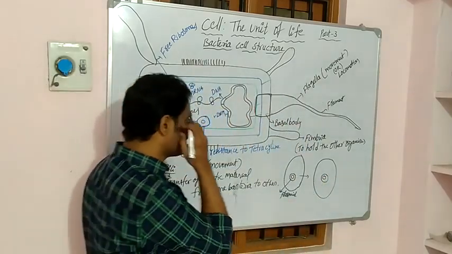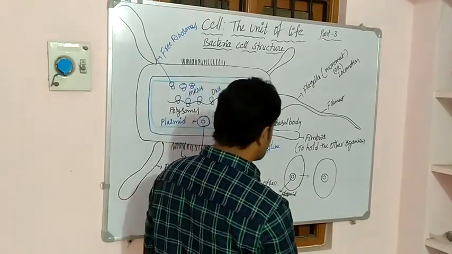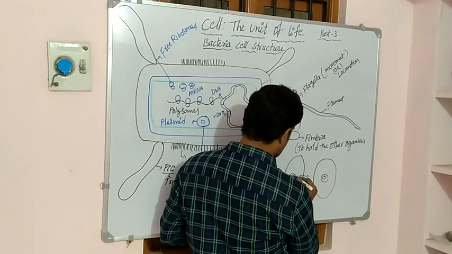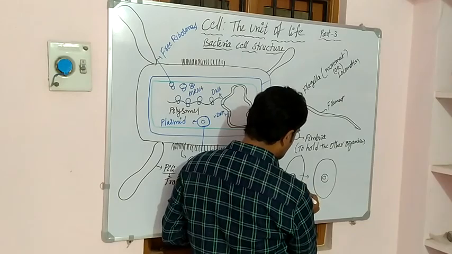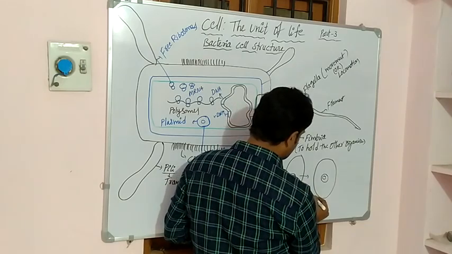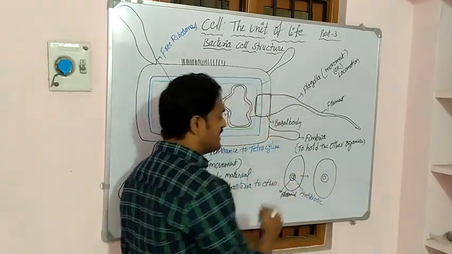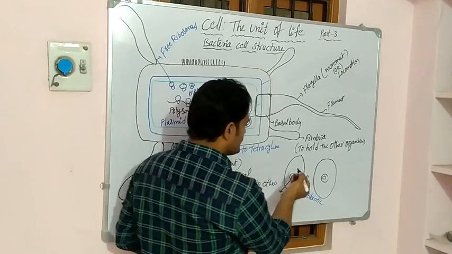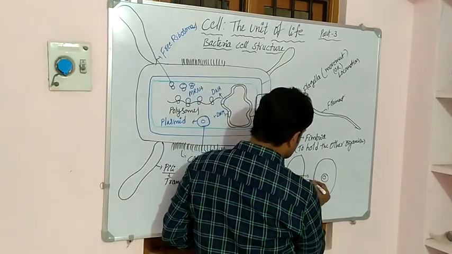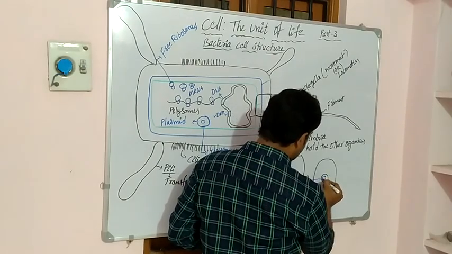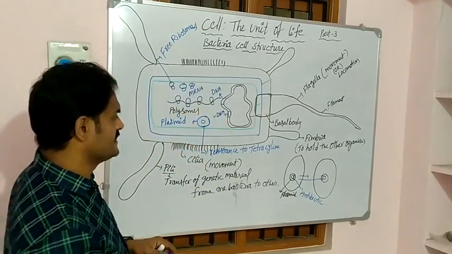And also in some bacteria there are some specialized genes here. This gene works as an antibiotic resistance gene. Some other bacteria lack this gene, and the bacteria having this gene transfer it to the other bacteria.